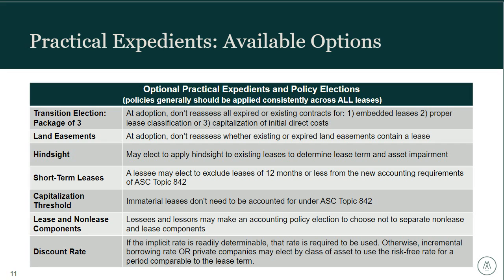If you were to use what your realistic incremental borrowing rate would be, just due to the arithmetic of the net present value calculation, a higher rate is going to give you a lower starting liability. A lower rate is going to give you a higher starting liability. But that was all I wanted to mention.